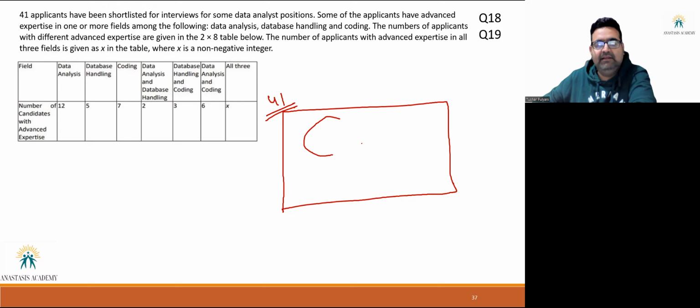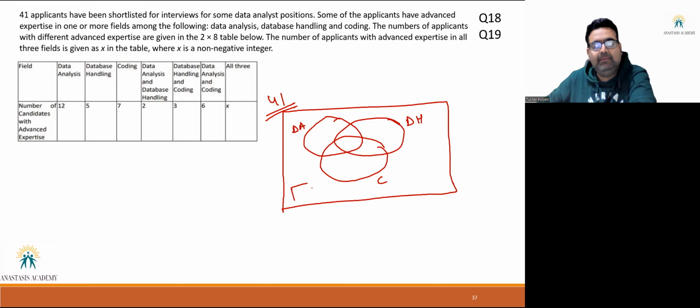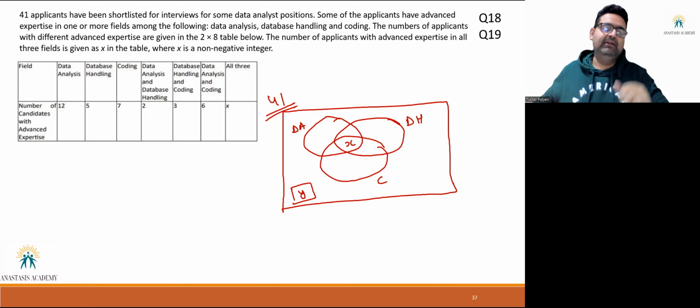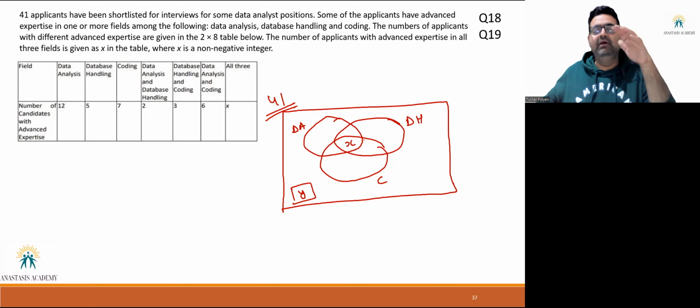In this, there are three categories: data analysis, DA, data handling, and coding. Once you put these values 1, 2, 3, 6, 7, there will be some people, let's call them Y. This is given to you as X. So in the first question, they're asking you the value of X. In the second question, you have to find out the value of Y. So that means I have to solve the Venn diagram fully. And once I solve that fully, I just have to tick the answers for the two questions.